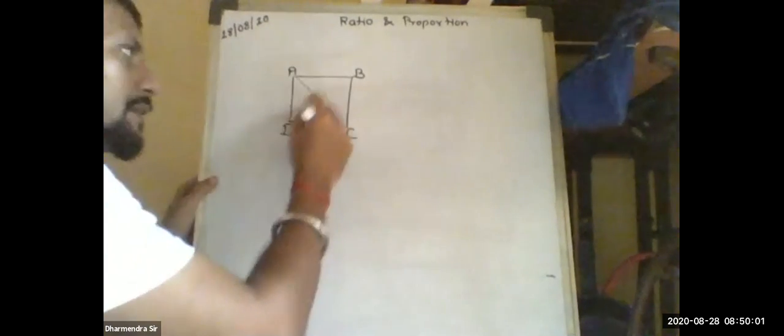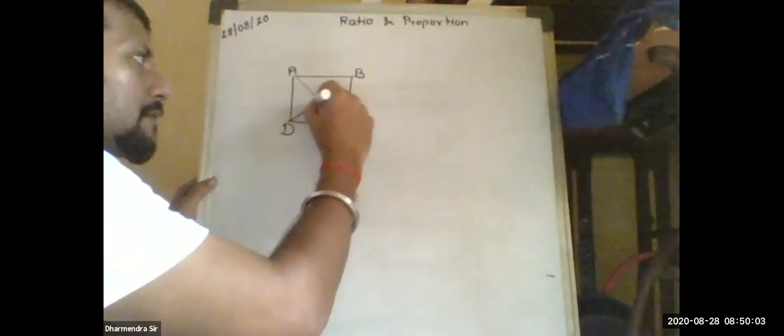So this will be acting as a diagonal. Even BD is a diagonal, but AC is called the principal diagonal and BD is called the non-principal diagonal. So here AC is a diagonal as well as BD is a diagonal.